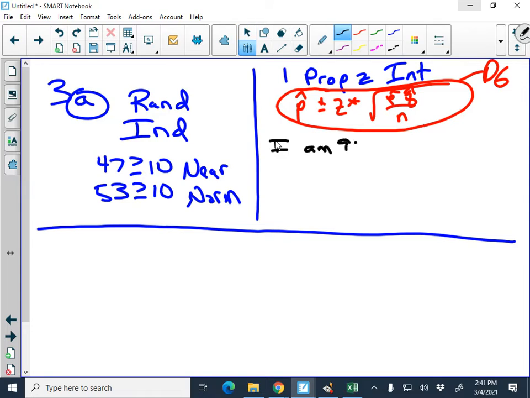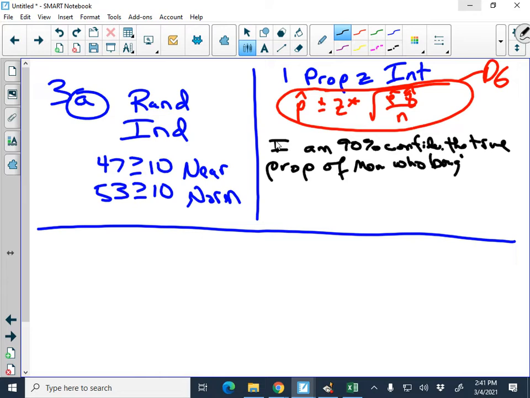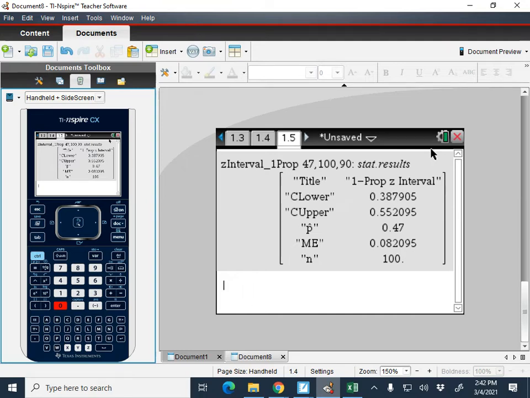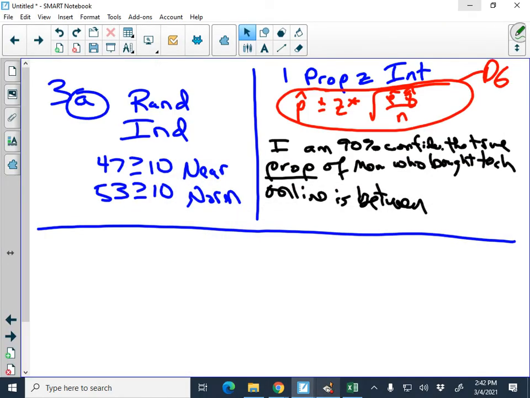I am 90% confident the true proportion of men who bought tech online is between, now since I said the true proportion, I should use proportions. Proportion is a value in between 0 and 1, so I'm going to use 0.388 to 0.552.